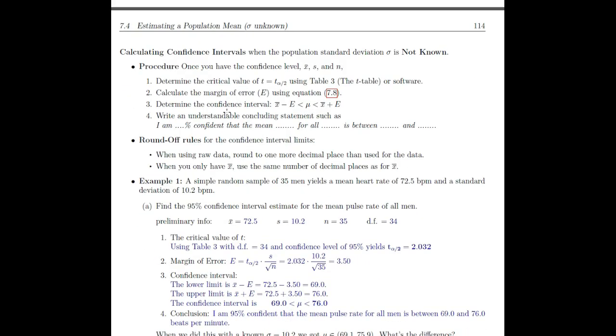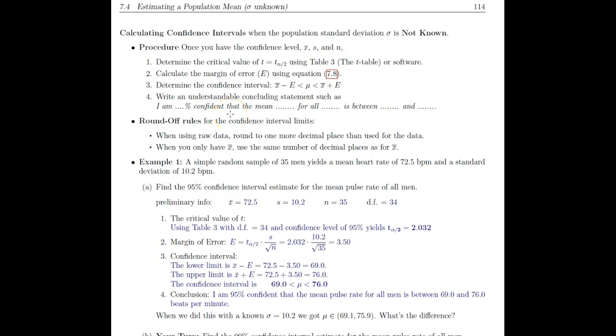Okay, so the procedure for calculating confidence intervals is almost identical to what we did before. We know it's going to be that mu is going to be between x bar plus some error and x bar minus some error.